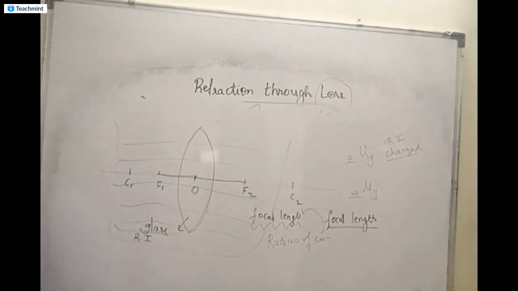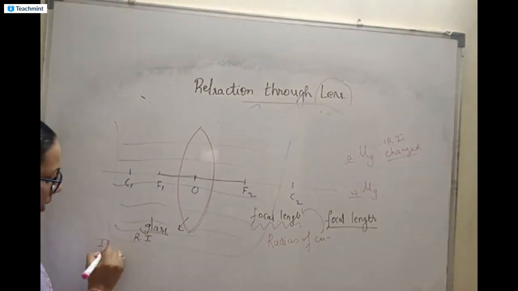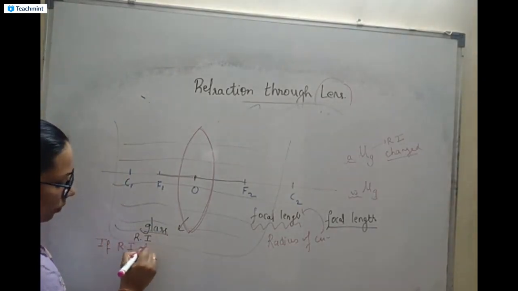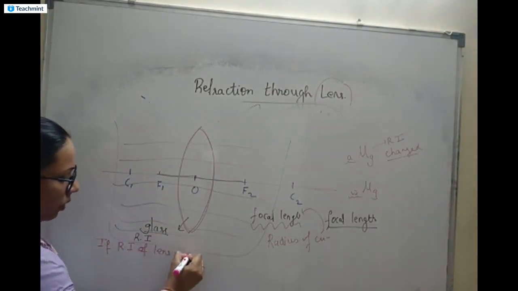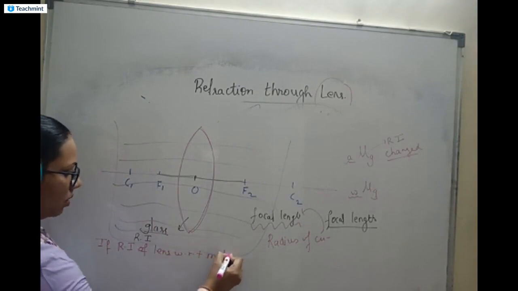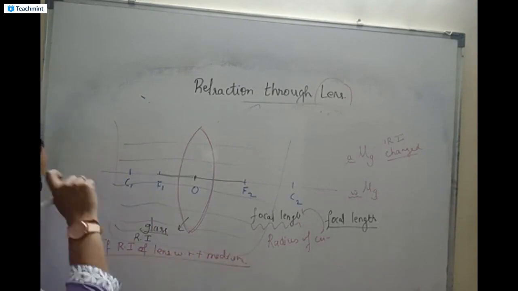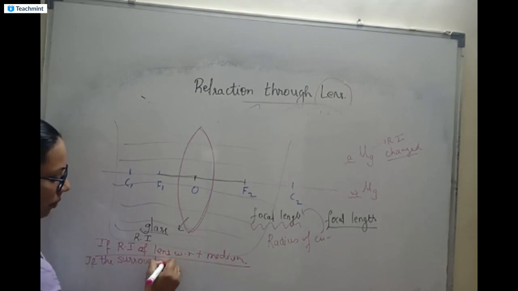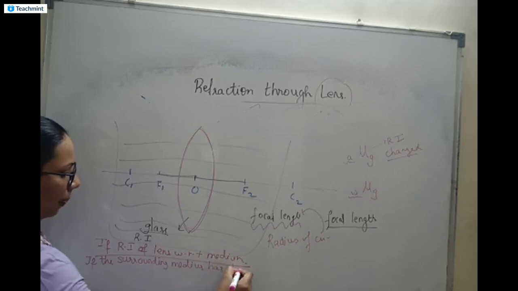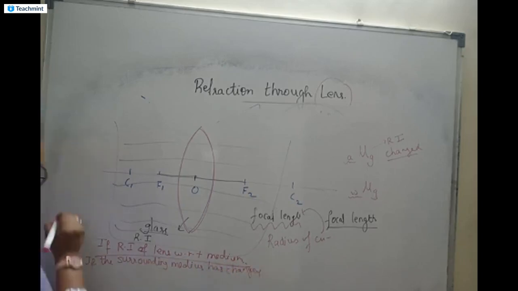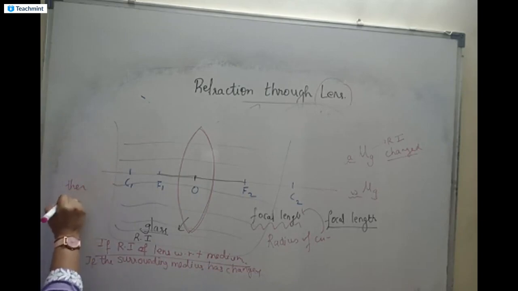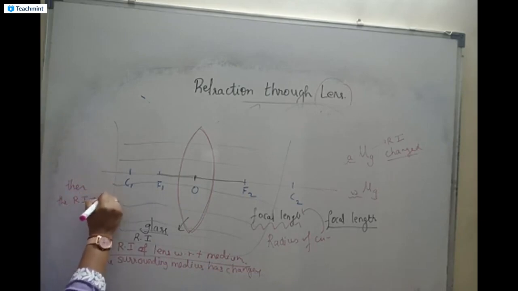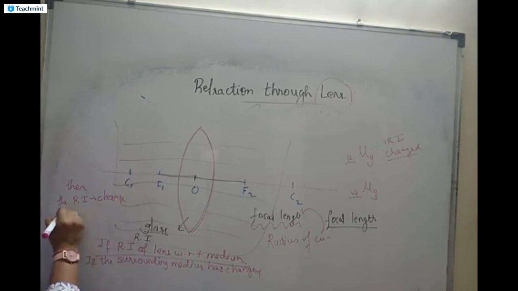Okay, so you can write this down. If the refractive index of lens with respect to medium changes, if the medium changes, whenever mediums are changing, if the surrounding medium has changed, then the refractive index will change and so the focal length.